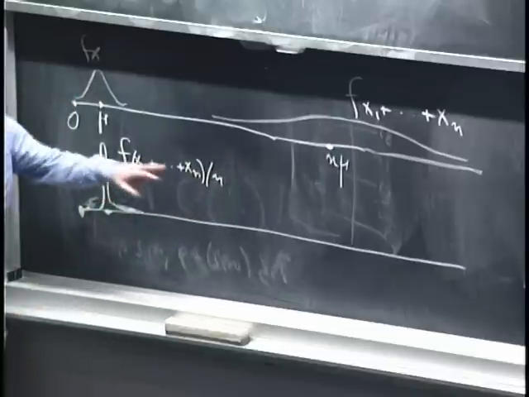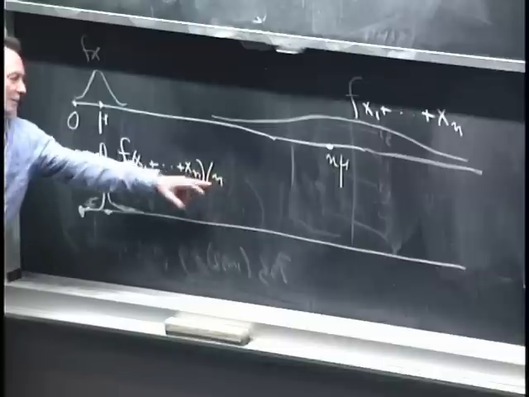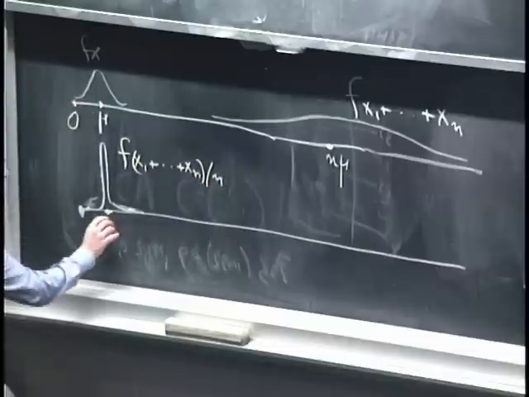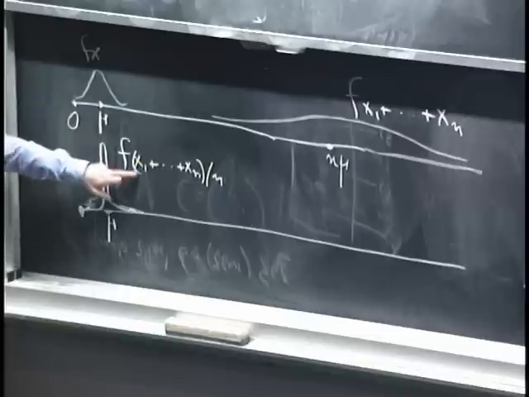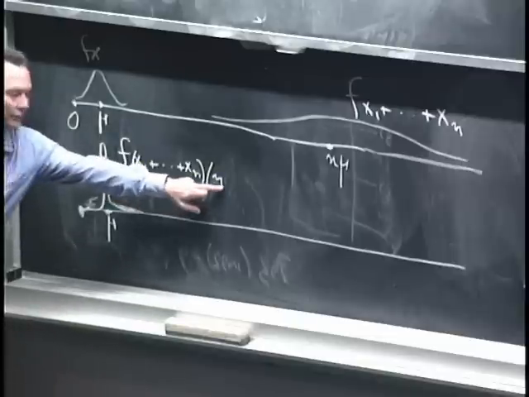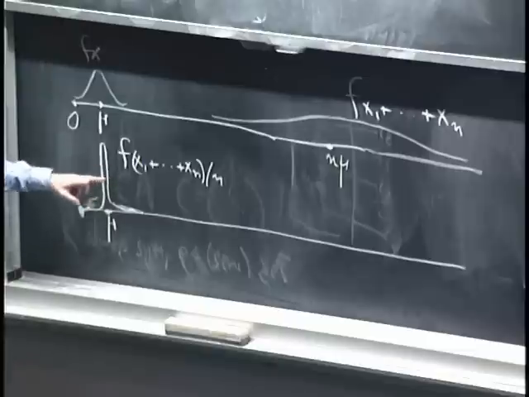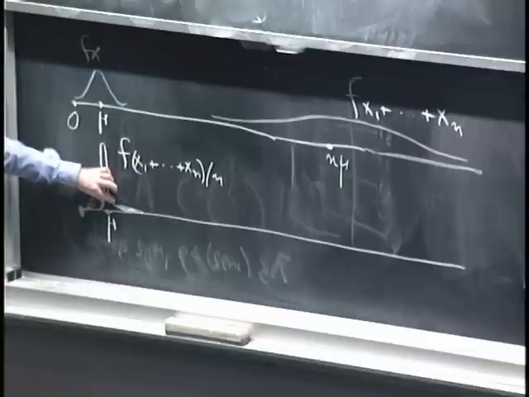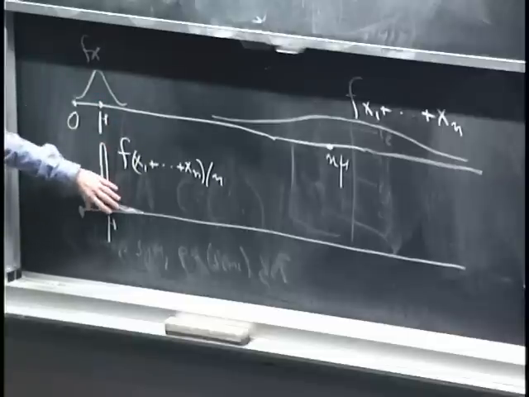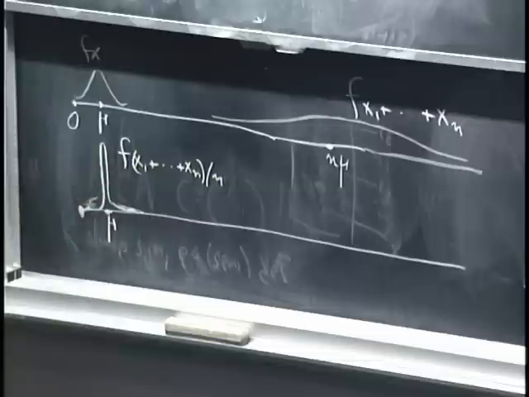Because I've divided by n, the mean has become the original mean, which is mu. But the weak law of large numbers tells us that the distribution of this random variable is very concentrated around the mean. So we get a distribution that's very narrow. In the limit, this distribution becomes one that's just concentrated on top of mu. So it's sort of a degenerate distribution.